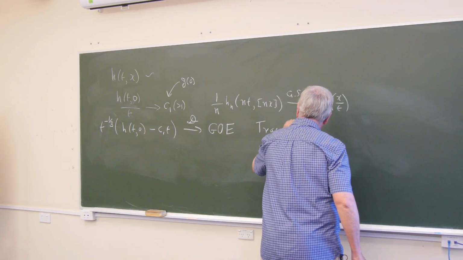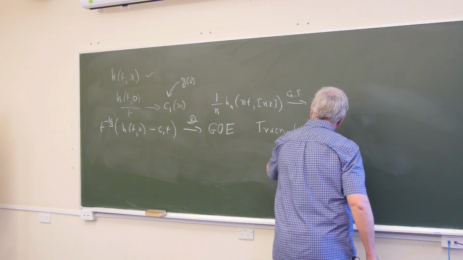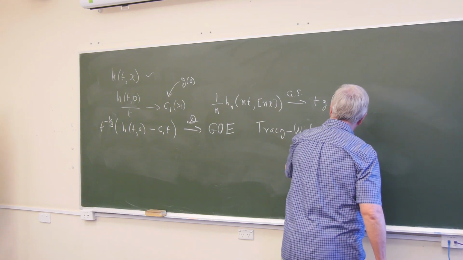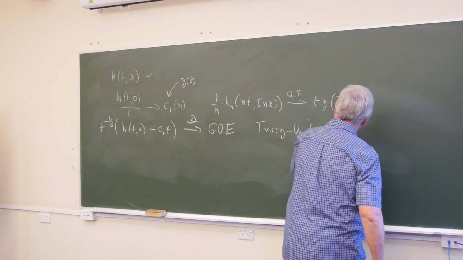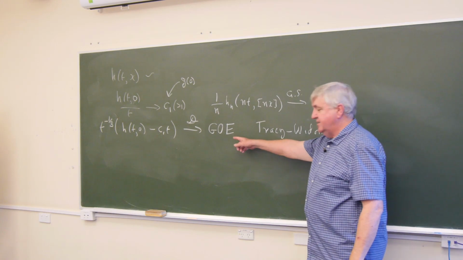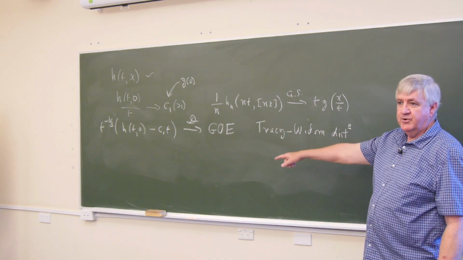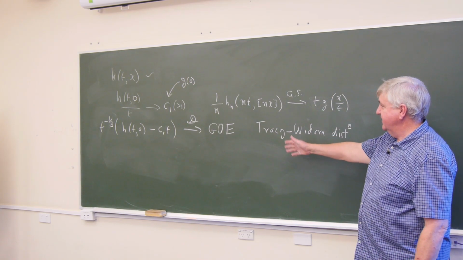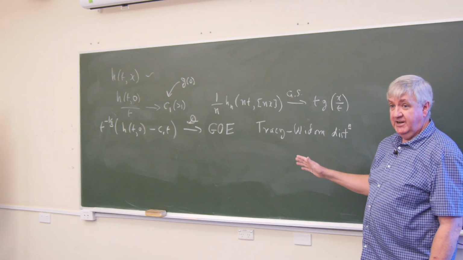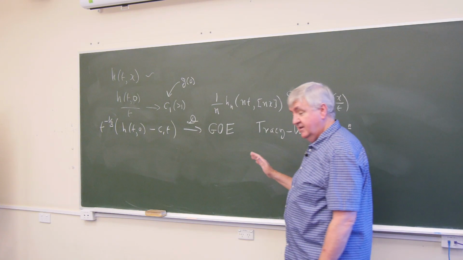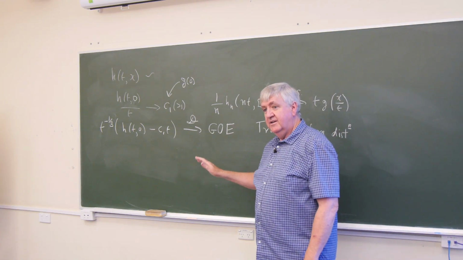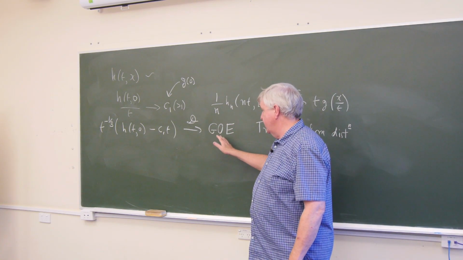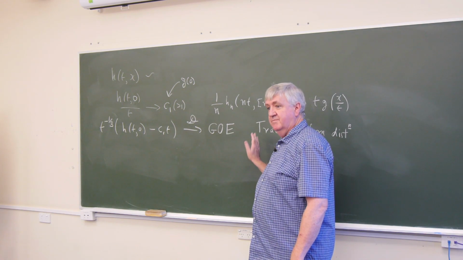And the GOE stands for Gaussian orthogonal ensemble. So this limit is conjectured to be, not proved, conjectured to be the Gaussian orthogonal ensemble Tracy-Widom distribution.